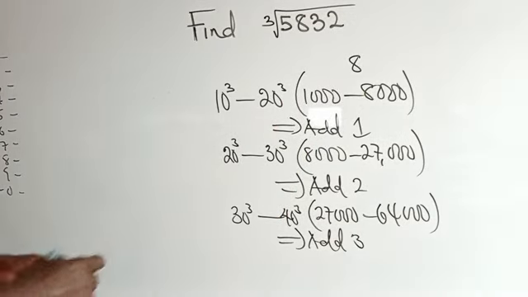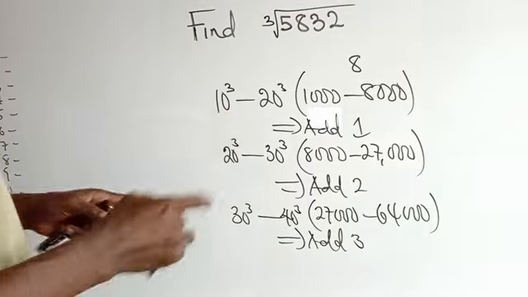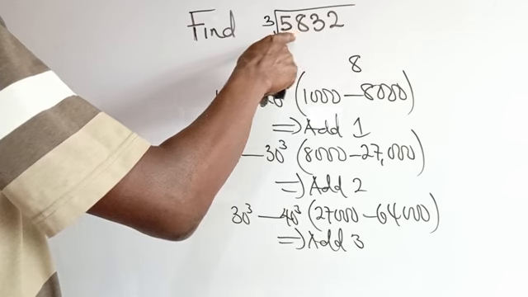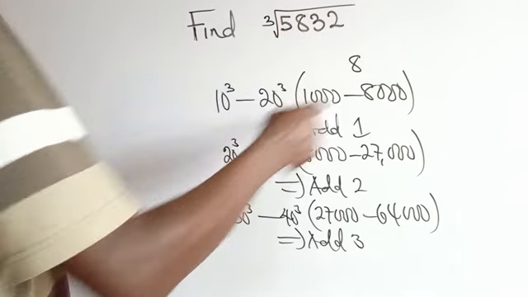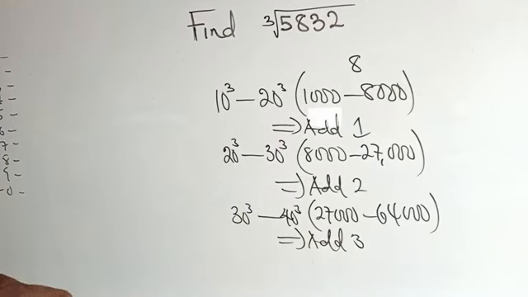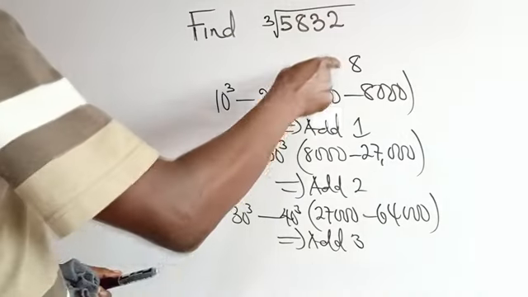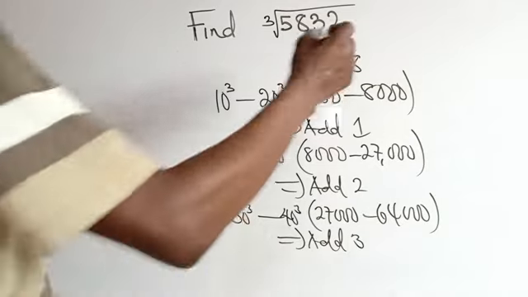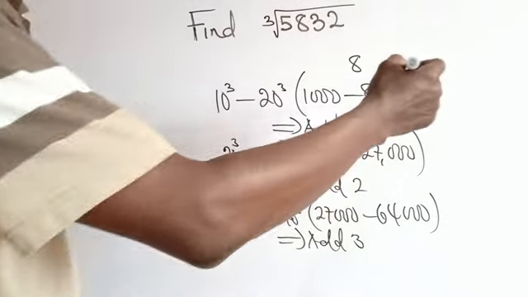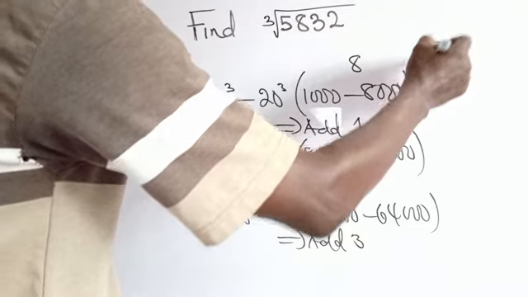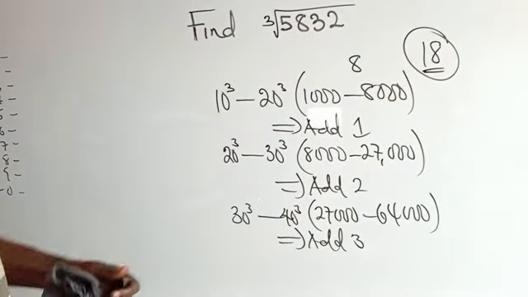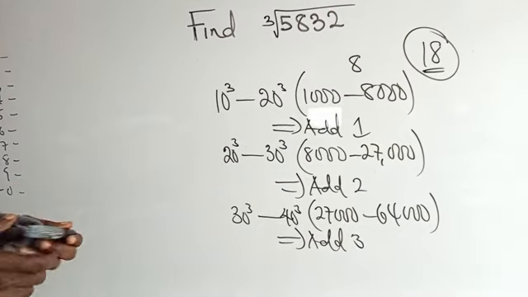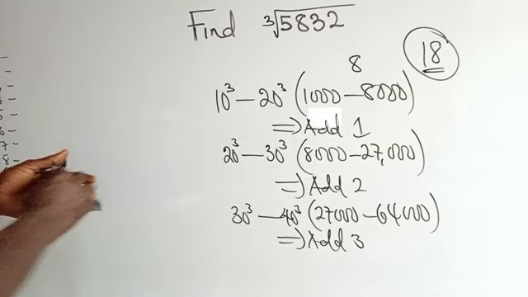Obviously, this given value 5,832 is between 1,000 and 8,000. So in that case, we are going to add 1 to this given answer. So without wasting our time, the answer for this one is 18. If you check, the cube root of 5,832 is 18.